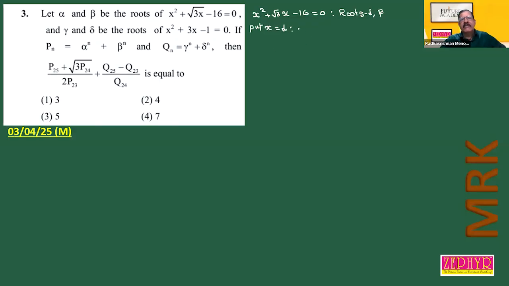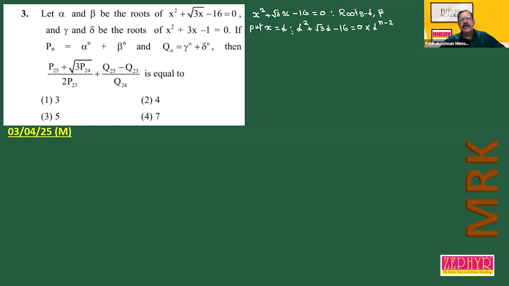Then the equation will be alpha squared plus root 3 into alpha minus 16 equal to 0, because alpha is a root of this equation. You multiply both sides by alpha raised to n minus 2.